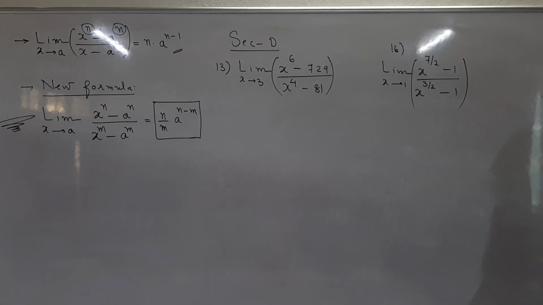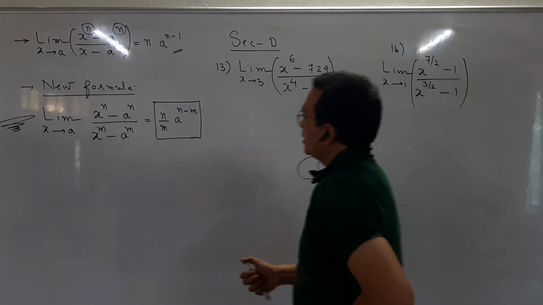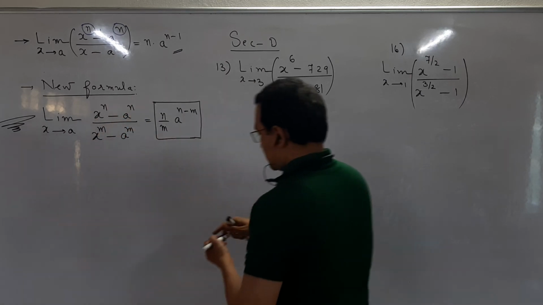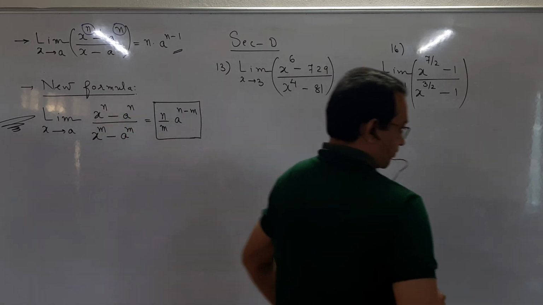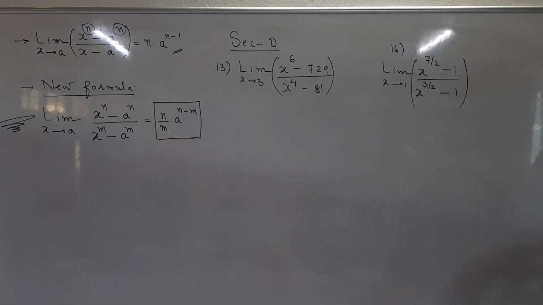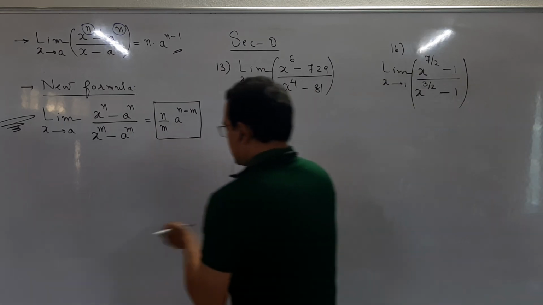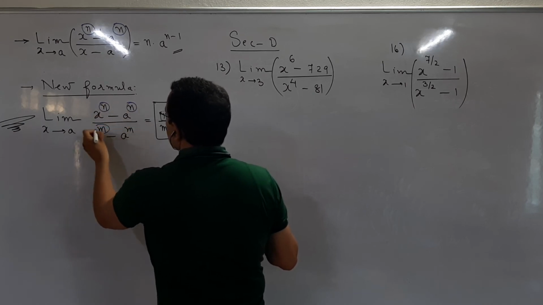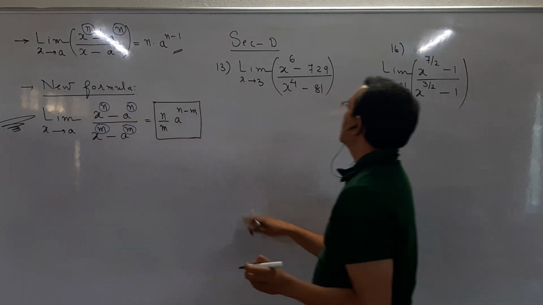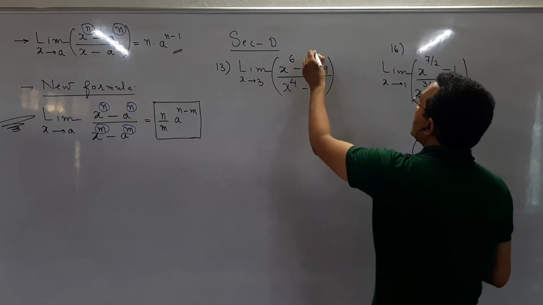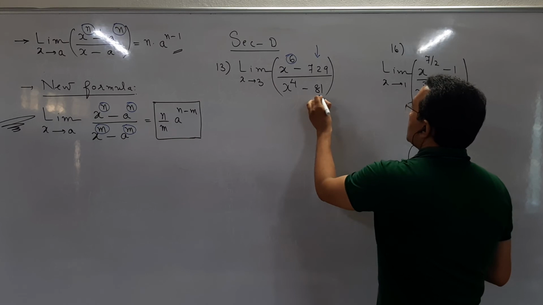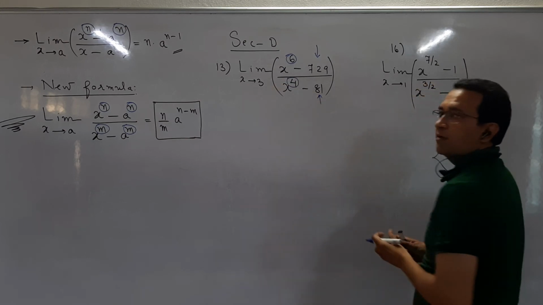Now students, pay attention. In numerator, x and a must have same power n. Check this, powers of x and a must be n. And denominator must have same power n. That's all. So 729 must be modified in power 6 and 81 must be modified in power 4.